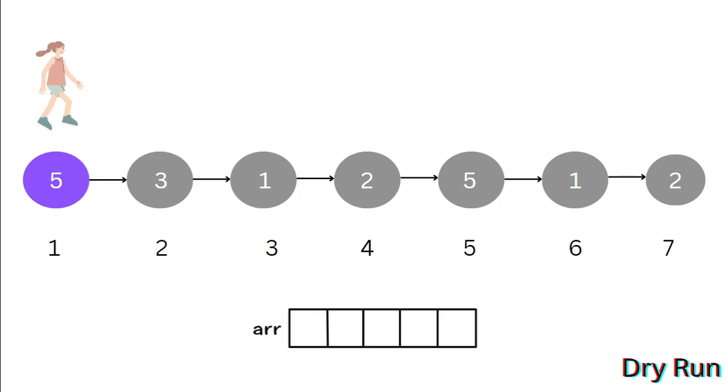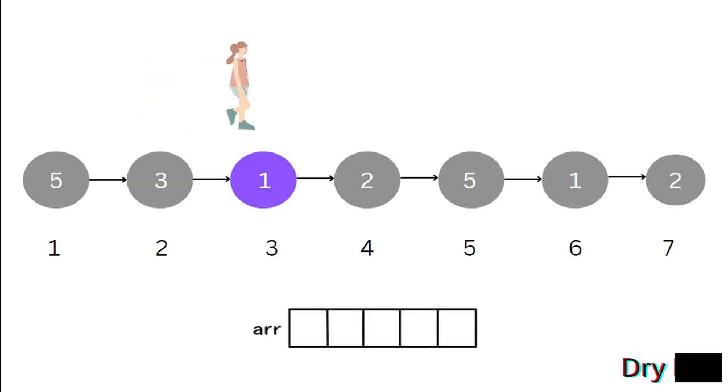So we can't say the first and last element come under critical points. So I'm moving to the next node, which is 3. I'm comparing it with its neighbors, which are 5 and 1. Both are conflicting, because 5 is greater than 3 and 1 is smaller than 3. So I can't conclude this one as either a local maxima or local minima.